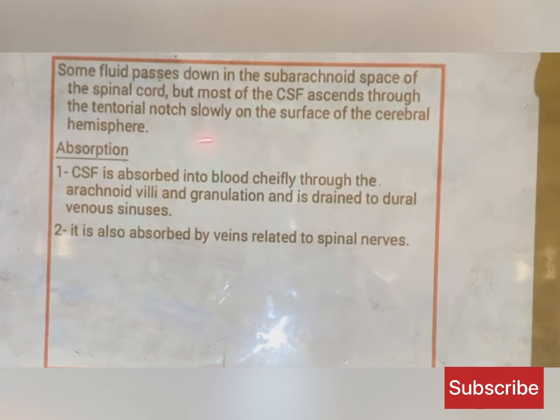The importance of this CSF is that if you want to make a diagnosis, when you think that a person has something related to the brain, like during epidemics of meningitis, like in Africa here, there is a period when we have an outbreak of meningitis in our environment. It especially affects young children, under 5 mostly.